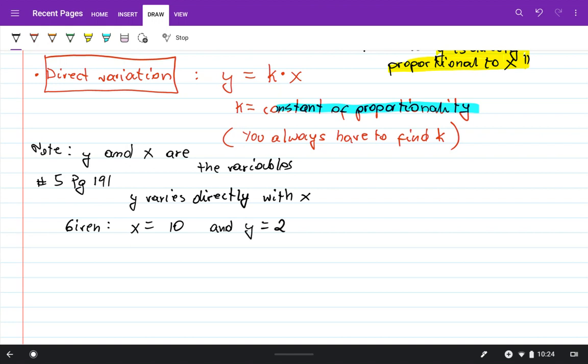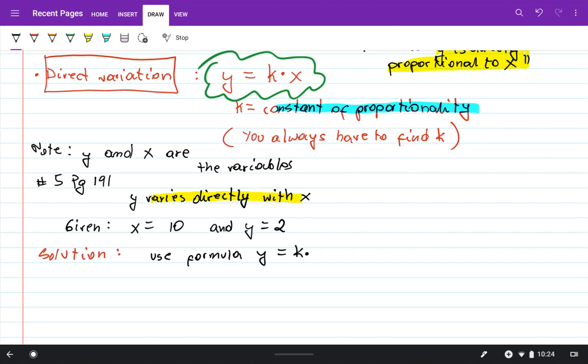Okay, so this is the key. We know that y varies directly with x. So I'm going to write the formula of direct variation, which is right here. y is equal to k times x. So use the formula y equals k times x. For direct variation, the only variables we should have are y and x. For k, we need to know what k is.